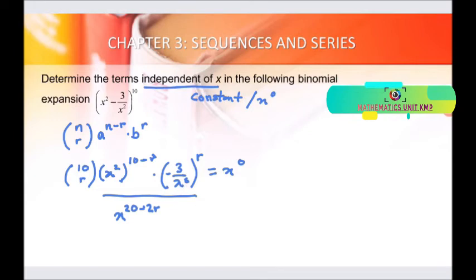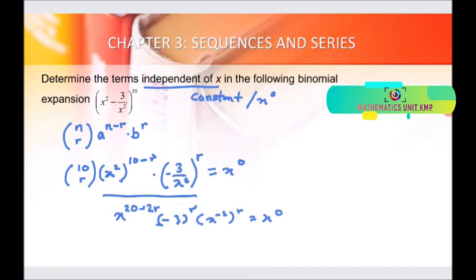So we're going to use r and x only. So let's separate negative 3 to the power of r, and we bring x to the power of 2 above, and we will get x to the power of negative 2r here.